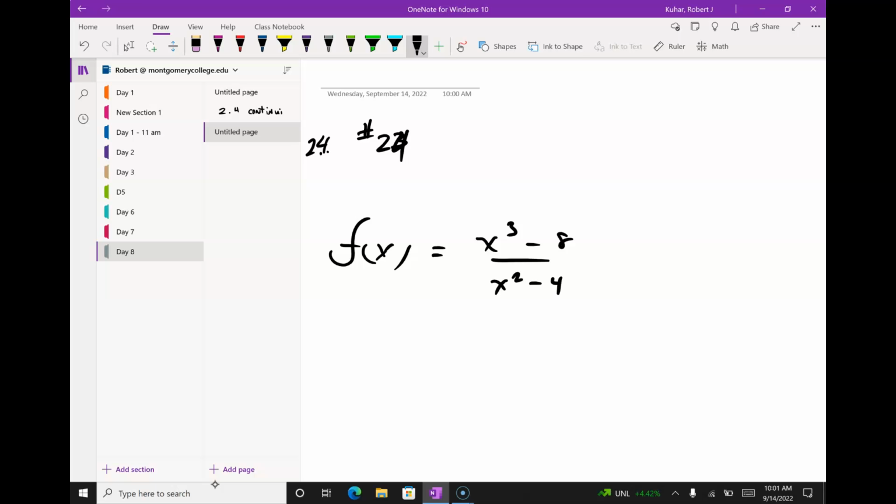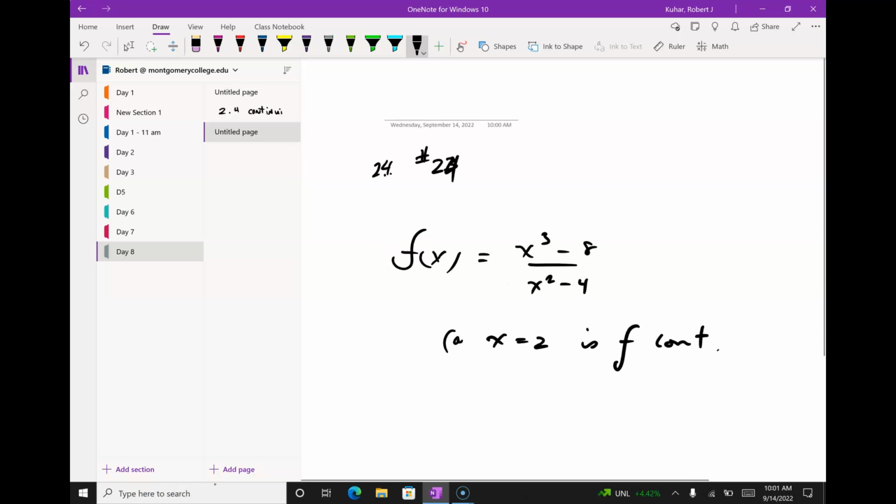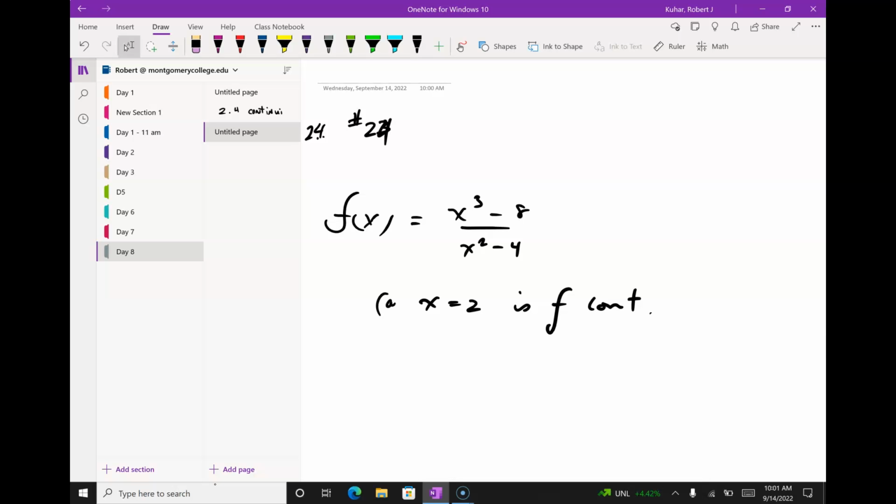And we want to know at x equals 2, is it continuous? Well, I can put in the 2 right away, right? Yes, I can put in the 2 right away. So if I put in 2, I get what? 8 minus 8 over 4 minus 4. I get 0 over 0.